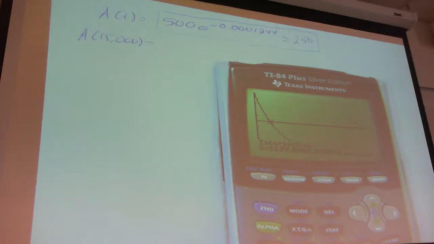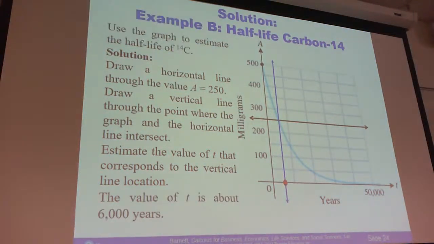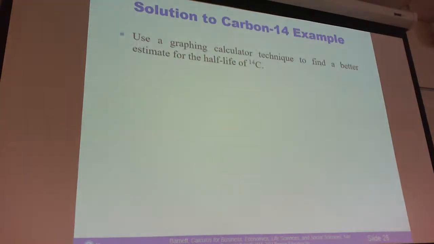And the answer would be 5,590. Okay, so practice, practice. We did max, we did intersect, we did all that last time. Practice, practice, practice. They're saying 6,000, but it's 5,590. Okay, here the calculator.